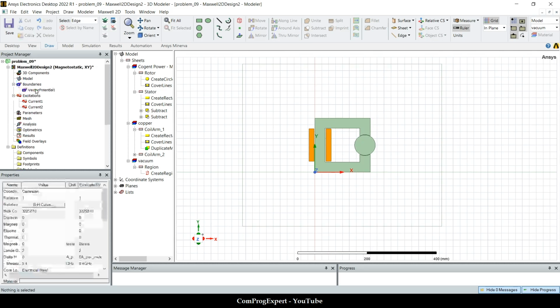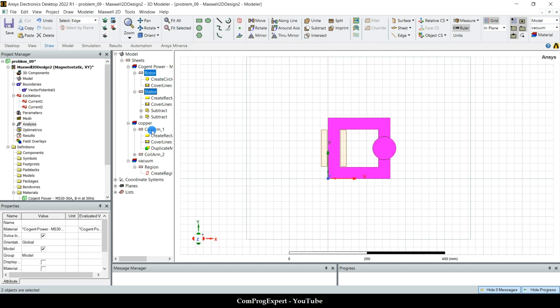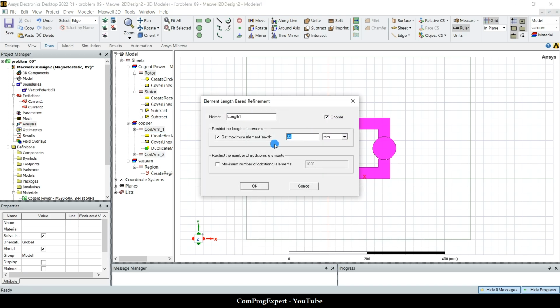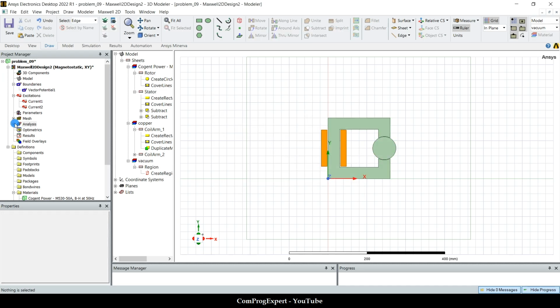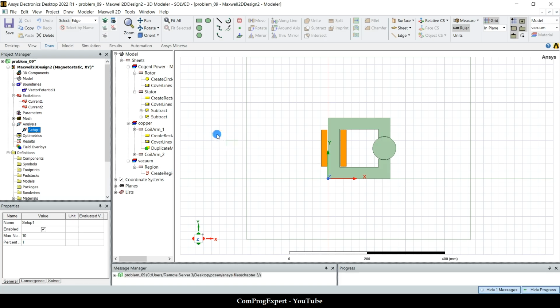We defined boundary conditions, and now let's add the solver solution setup. Let's select these objects and assign mesh operation inside them equal to 0.4 centimeters. So for this structure, if I analyze to calculate the flux density in iron parts, also the flux lines, we can realize an important point.